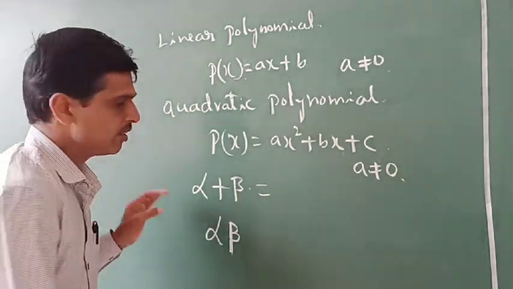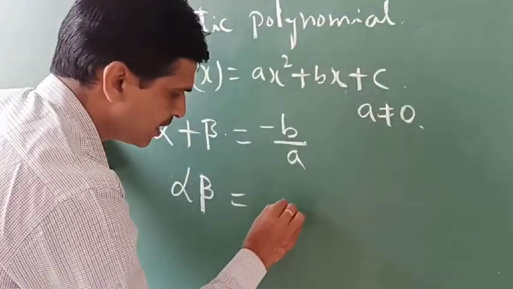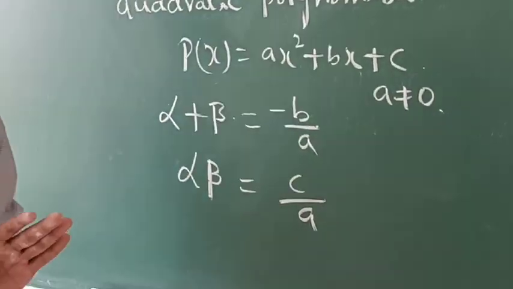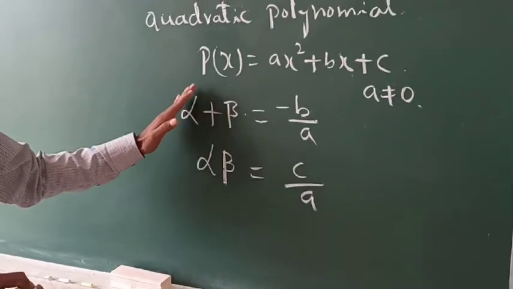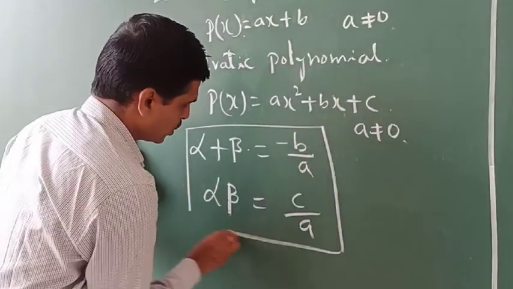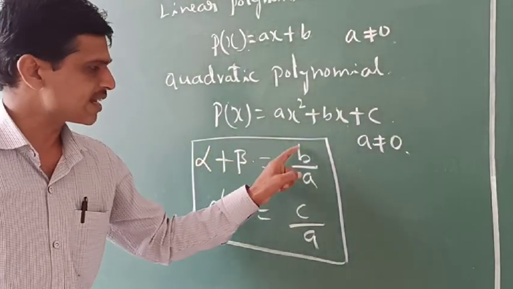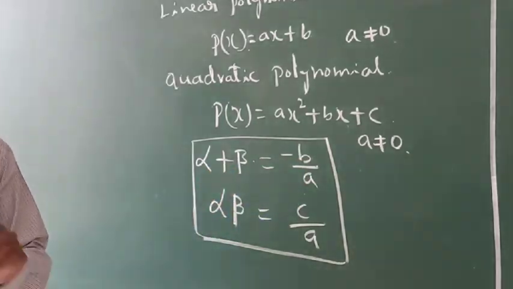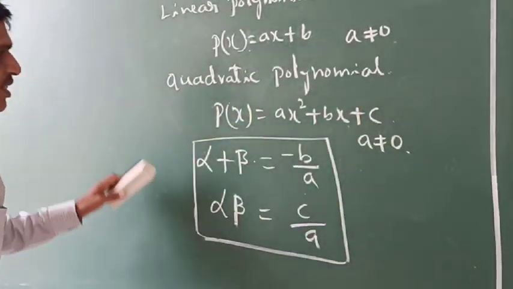The sum is minus b by a, and the product is c by a. This we already derived in our previous class. This is the most significant relationship between the zeros and the coefficients of the given polynomial. According to this, we have to solve these problems.